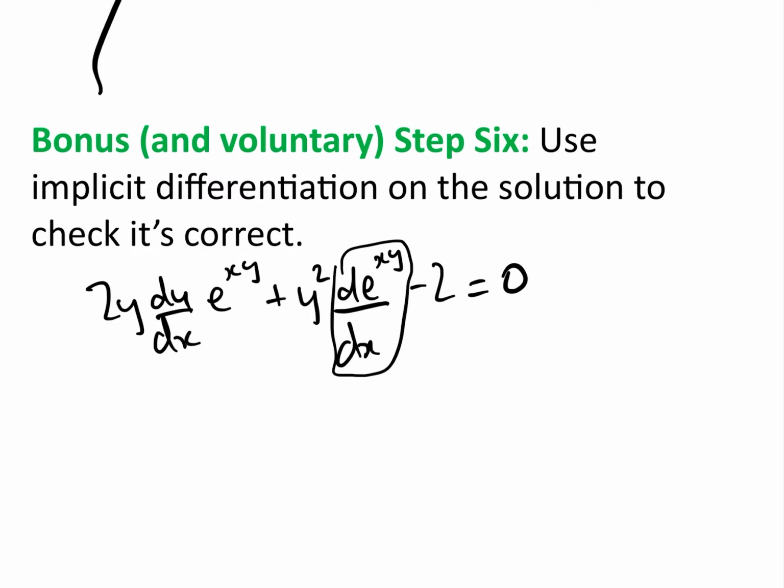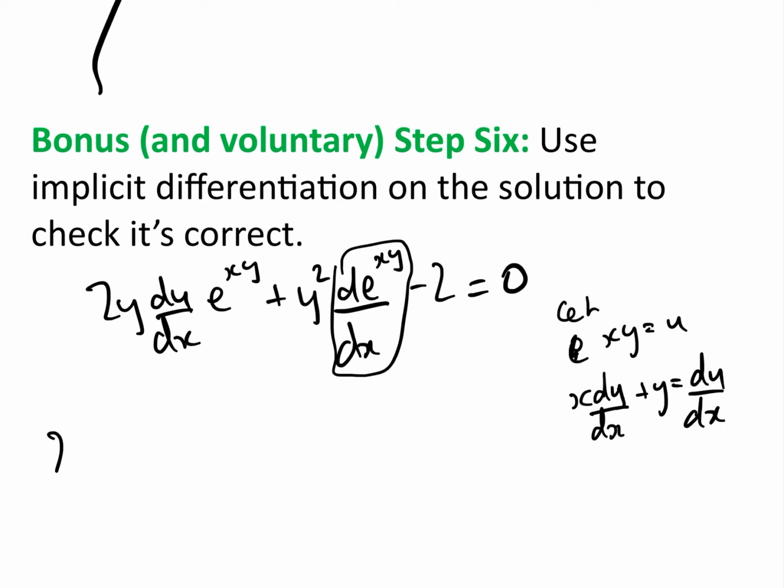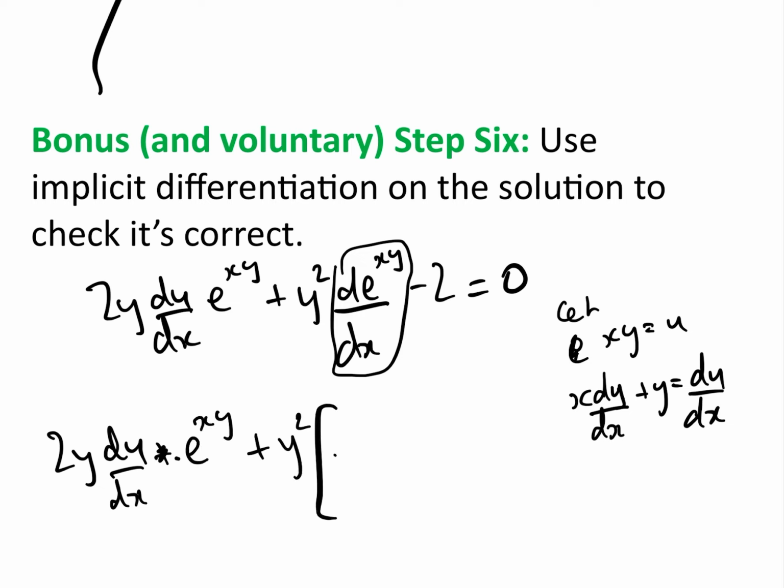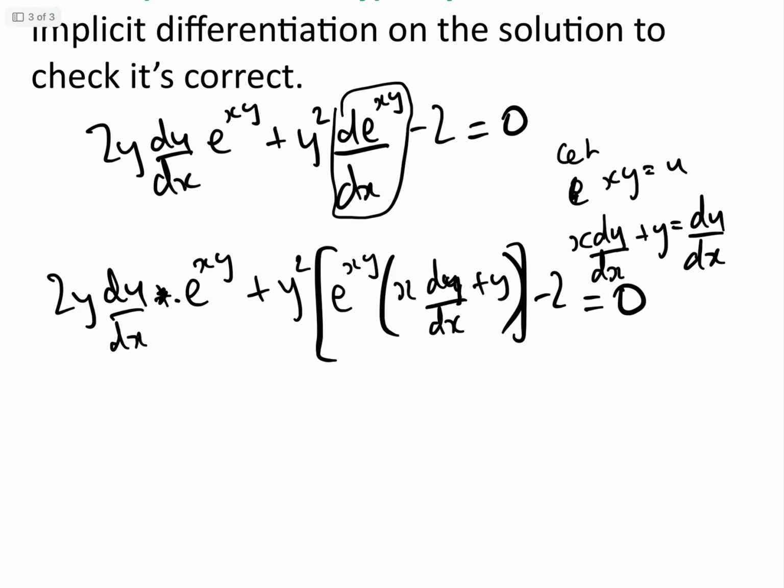Okay, so let's just have a look at this bit here. Differentiating e to the xy, let's let xy equal u, and therefore x dy/dx add y equals du/dx. We're going to use the chain rule here. So we know that 2y dy/dx times e to the xy, add y squared times e to the xy times x dy/dx add y, minus 2 equals 0.